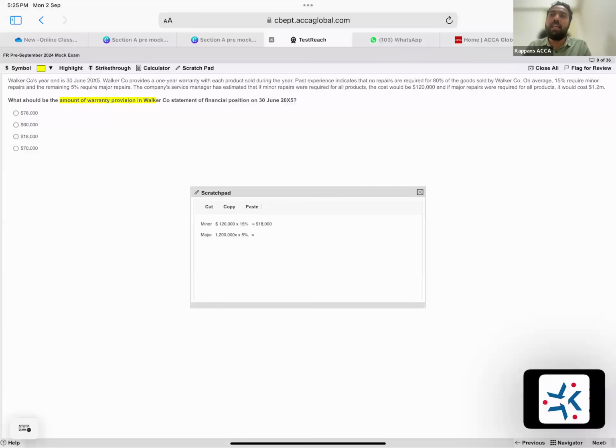So 1.2 million into 5%, that is equal to 60,000. So the total provision that is required is 18,000 plus $60,000, that is $78,000. Option A is the answer. Now, 80% does not require any repair at all, so there is no future cash flow for that. So it's as simple as that.